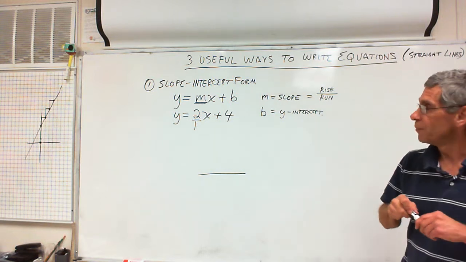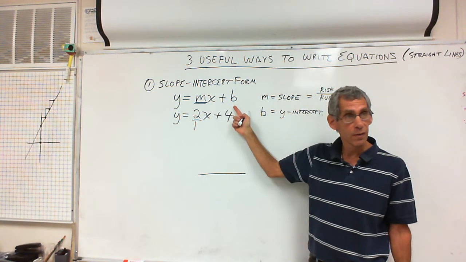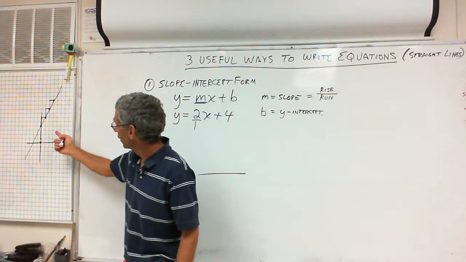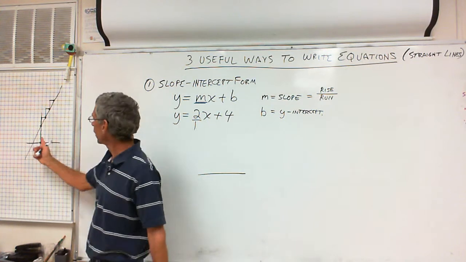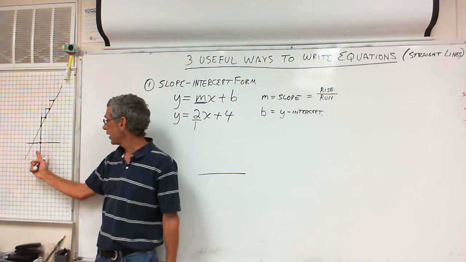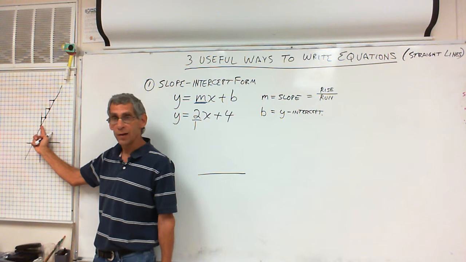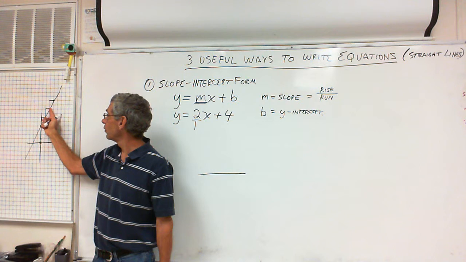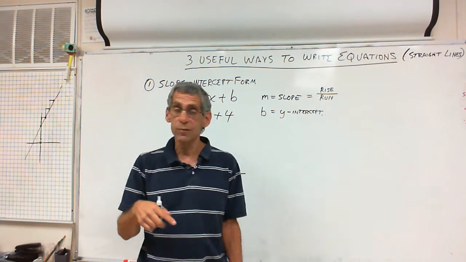Notice this one. What's the b again? It's my y-intercept. So my y-intercept is positive 4. If this is my y-axis, I go from 0, 0, and I go up 4: 1, 2, 3, 4, and I put a dot. From there, I can go rise 2, run 1, rise 2, run 1, as many times as I want.